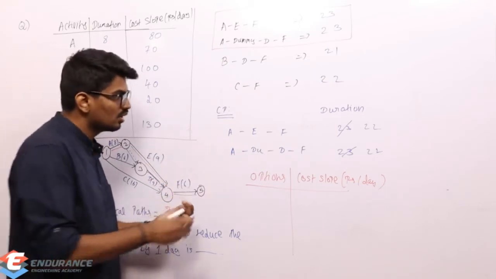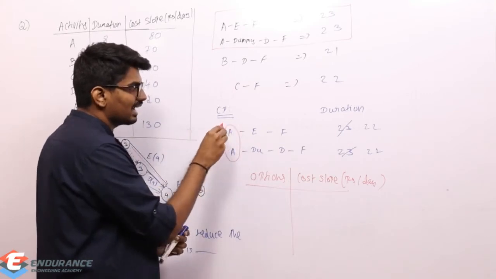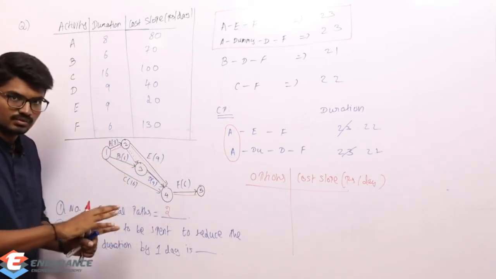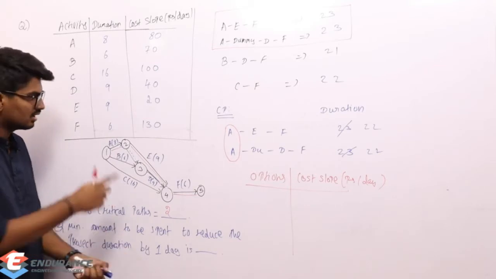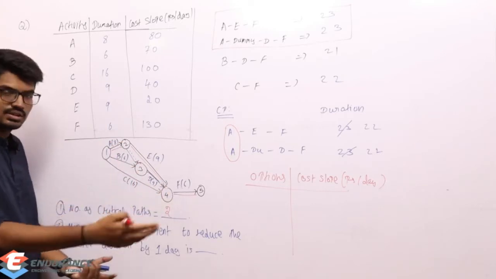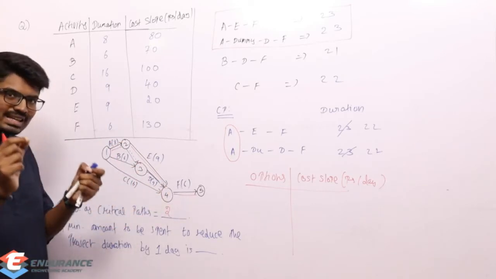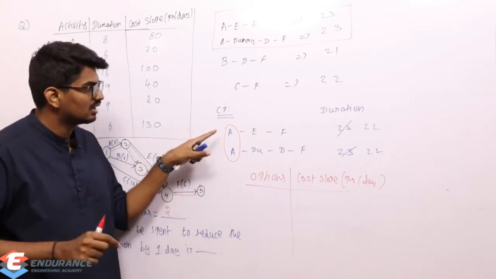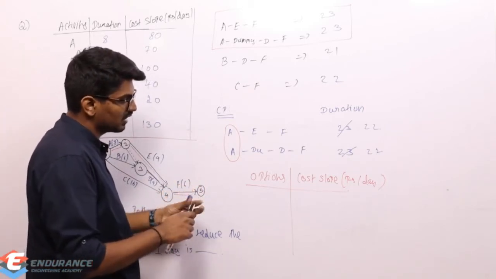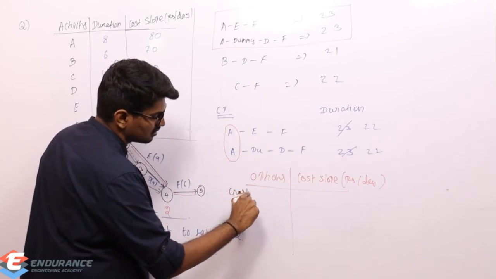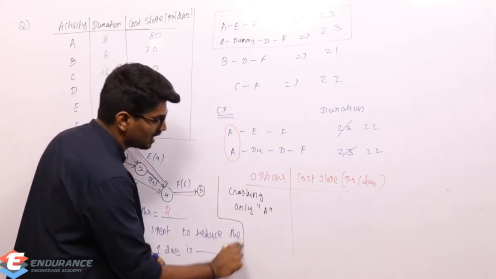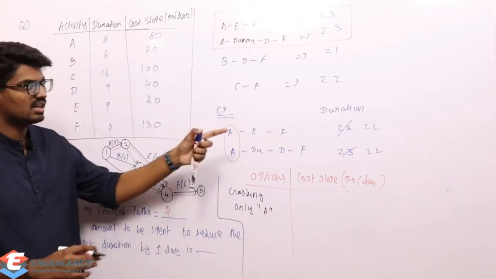If I crash activity A by just 1 day, simply reducing this 8 to 7, the duration of A, E, F is going to be 22 and the duration of A, dummy, D, F is going to be 22, so 1 day decreases by reducing only activity A. That is the first option available: crashing only A reduces the duration by 1 day.